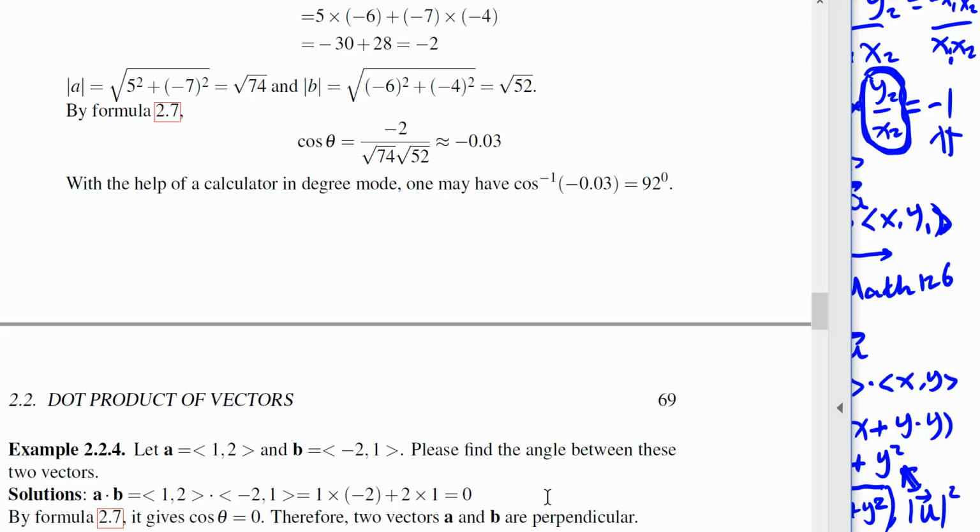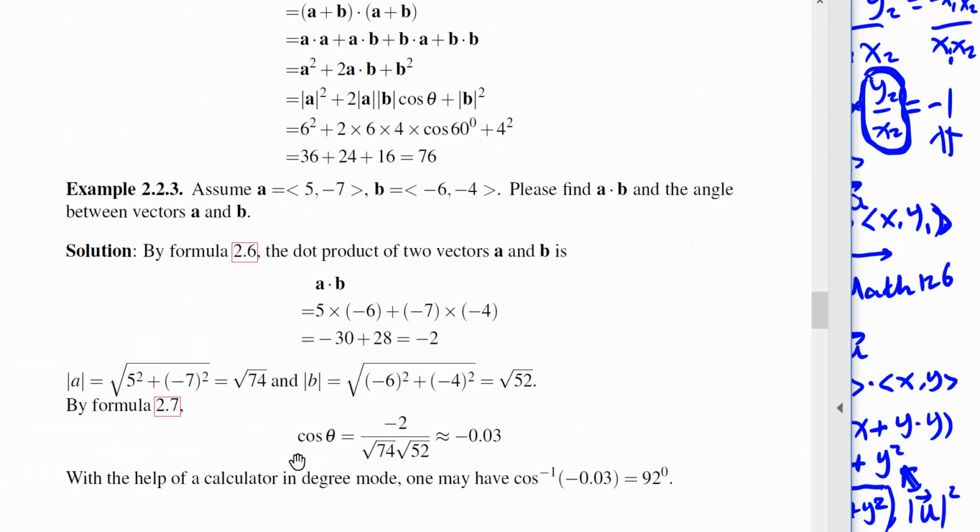So the degree will be 90 degrees for A and B. Okay, so it's very useful right now to see if two vectors are perpendicular. If it is not, then we can find the angle in between vector A and B. That will be this example.